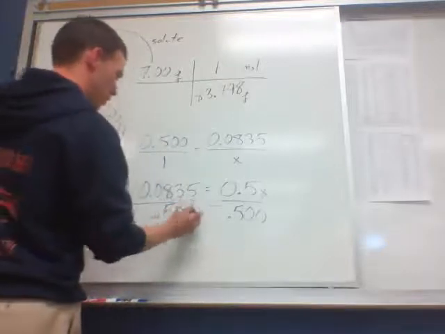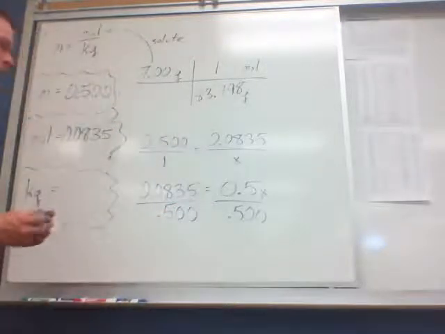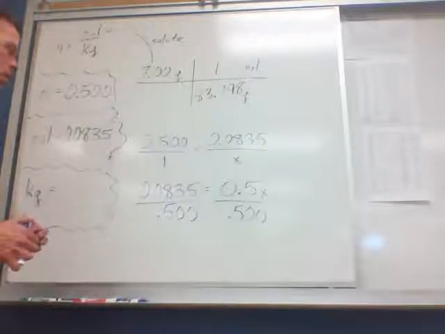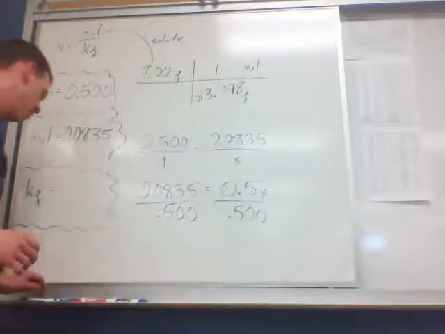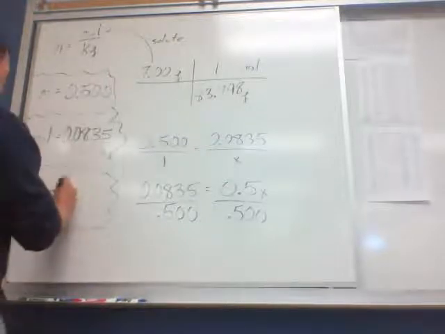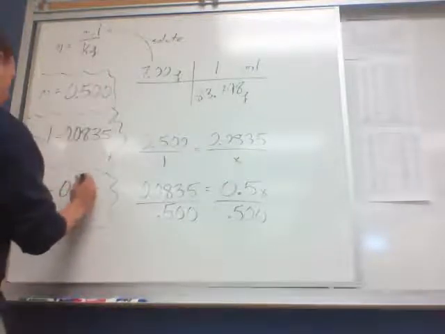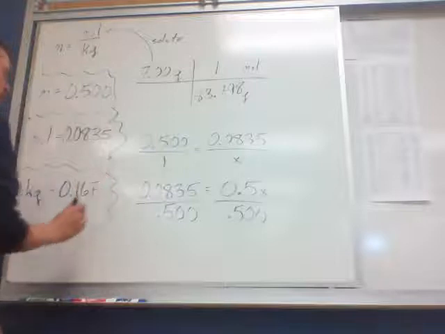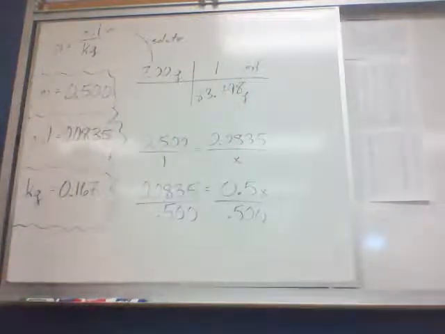Sorry, I didn't draw these zeros. But what kilogram count do you get? 0.167. Who can find the problem that we still have, though? What's the question? Grams of water.